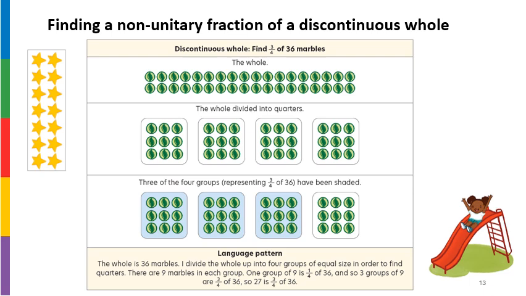So 27 is 3/4 of 36. And how did you get 27? You added those 9s, 9, 18, 27. And we have to remember that when we're finding a fraction of a discontinuous whole, it doesn't matter what type of fraction. It can be a unitary fraction or non-unitary fraction, but the answer will always be a number.